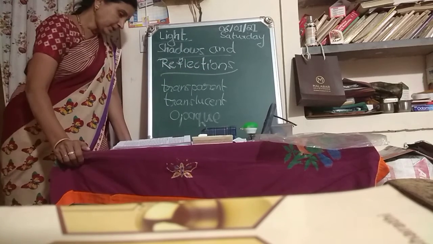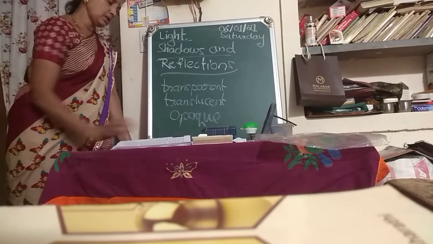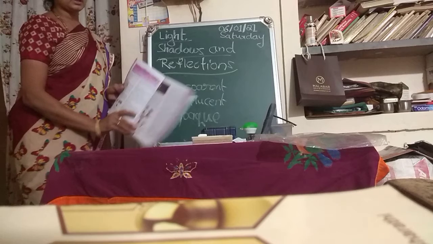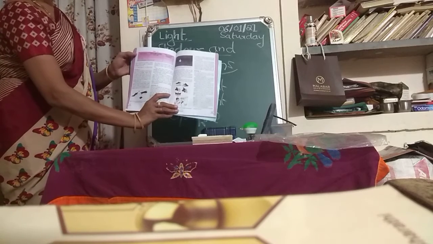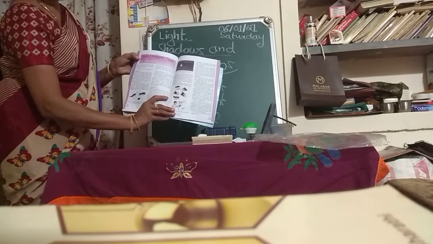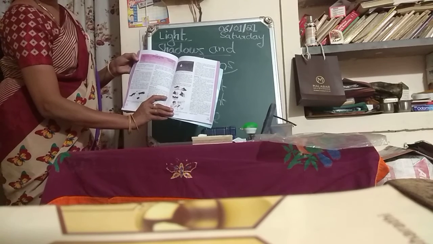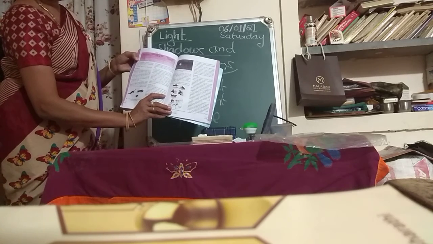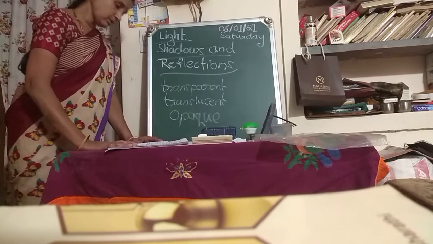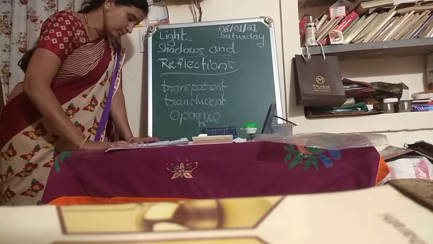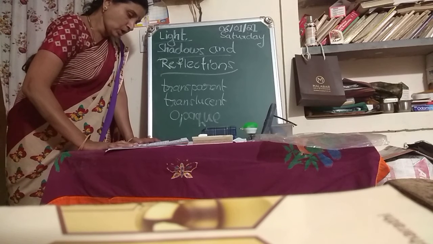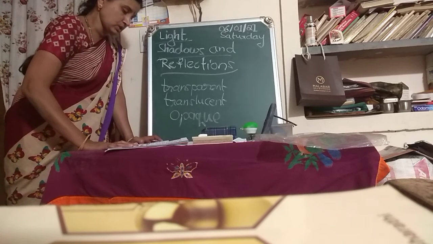Here is another activity, table 11.1 on page number 108. Here are the objects, materials: pencil, chalk, rubber ball and a sheet of writing paper. What do they show? View through the object, possible or not, and whether the object is opaque, transparent or translucent.